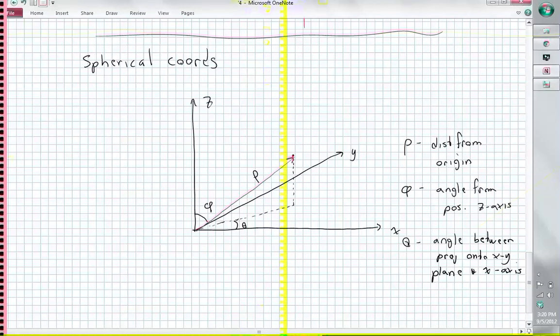What's special about 45? Halfway from the equator to the North Pole. So our latitude is almost exactly halfway between the equator and the North Pole. Just an interesting fact. What's our phi? Pi over 4.